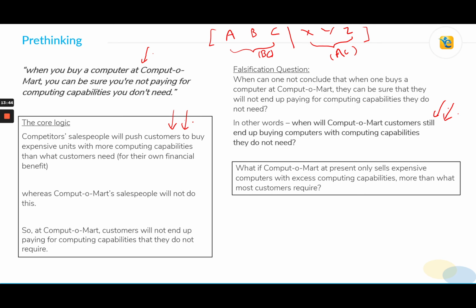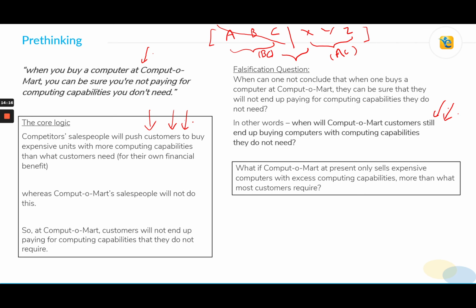Now, at some level, this argument is assuming that there is a healthy mix of both these types of computers being sold at Comput-o-mart, because otherwise this entire logic becomes irrelevant. So imagine a situation where Comput-o-mart doesn't sell A, B or C. It only sells these super expensive advanced computer models which have computing capabilities far beyond what is required for the typical user.